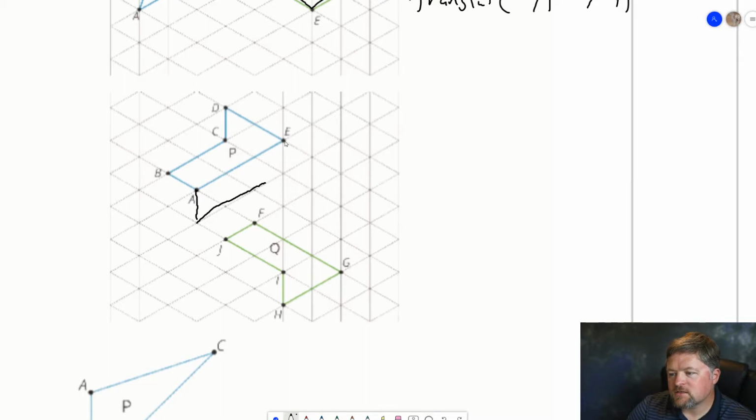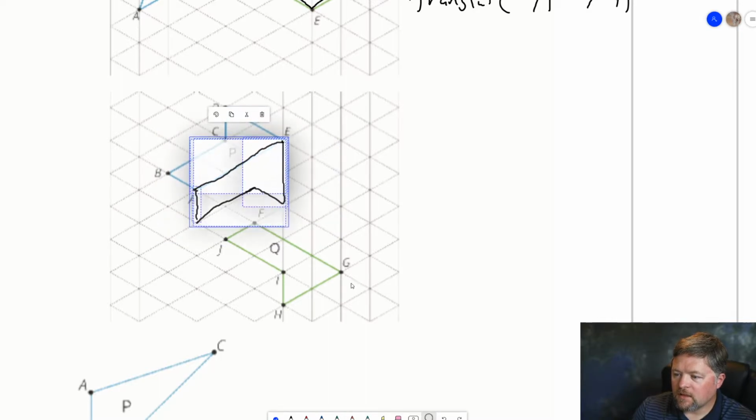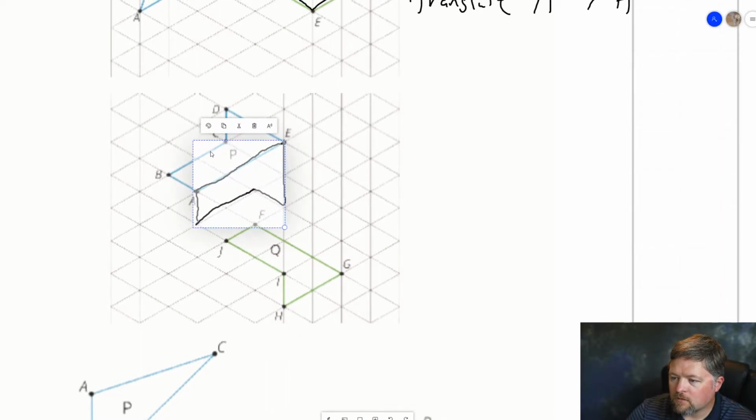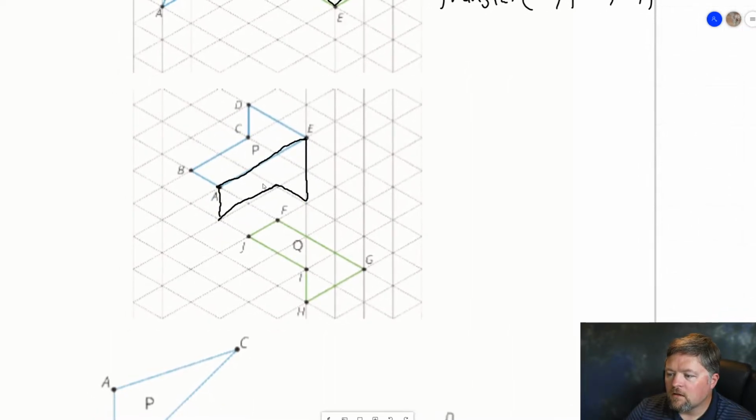Which gives us those two. There. So now, if I take that whole figure, that gives me the figure here.